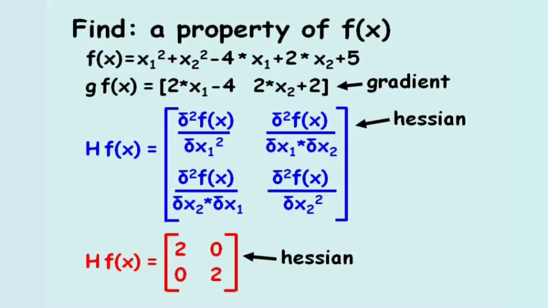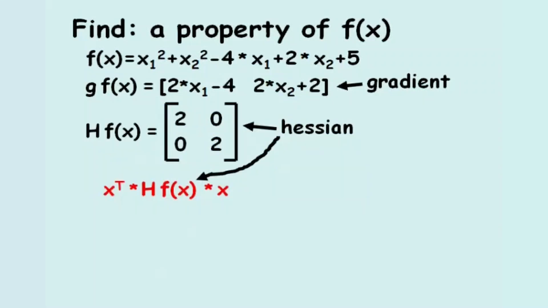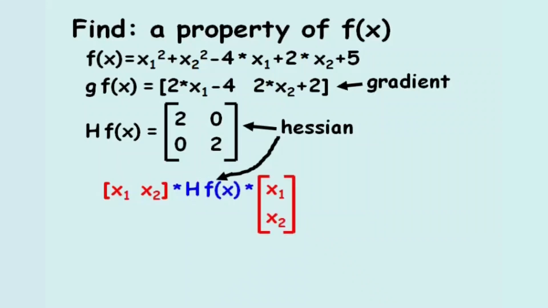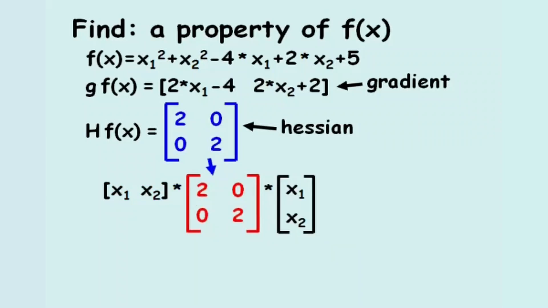Next, we'll evaluate x transpose H of f of x, x, to determine the property of the function f of x. In this equation, we'll keep the x vector in its generalized form as x1, x2. And after plugging in the Hessian matrix, this value equates to 2 times x1 squared plus 2 times x2 squared.